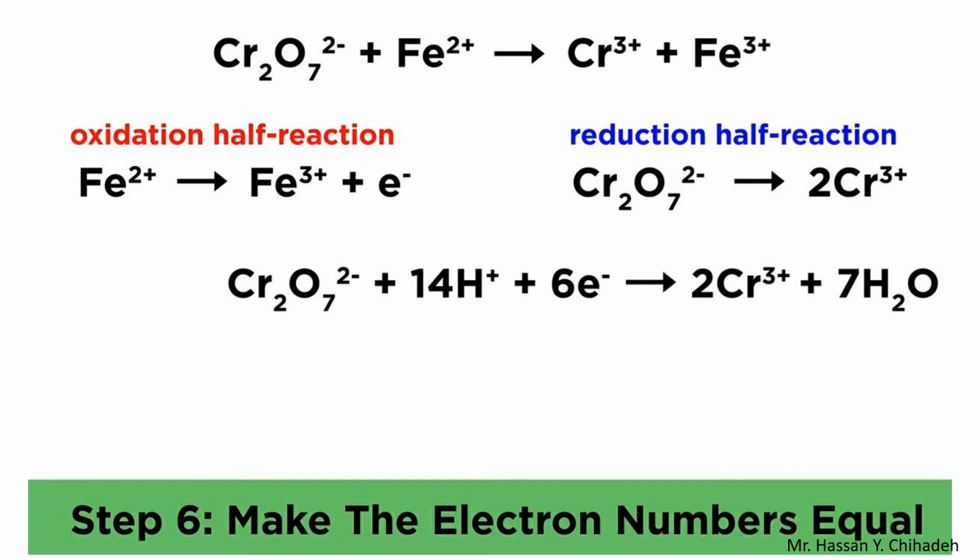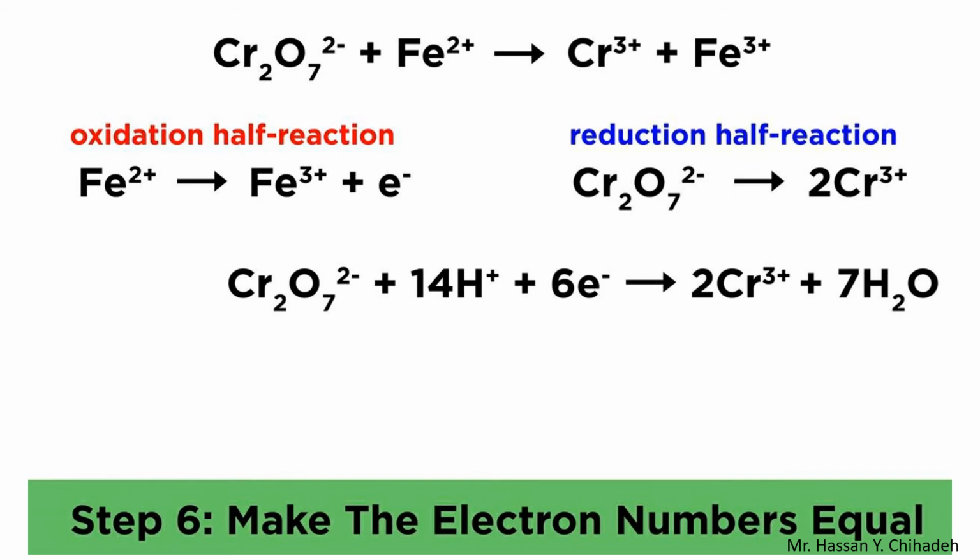Step 6, make the electron numbers equal. How? By multiplying by a coefficient. To equalize the number of electrons in both half reactions, we have to multiply whatever needed by a constant.